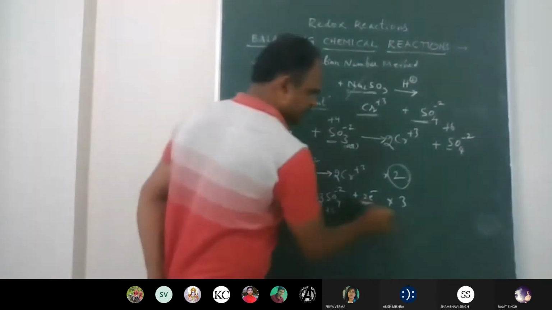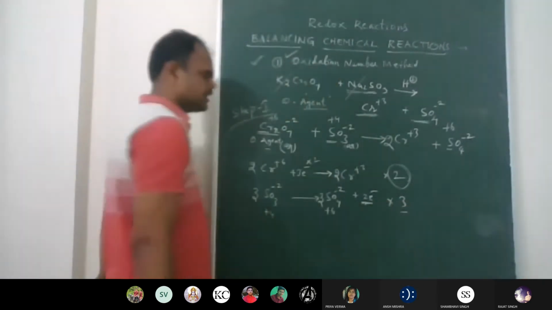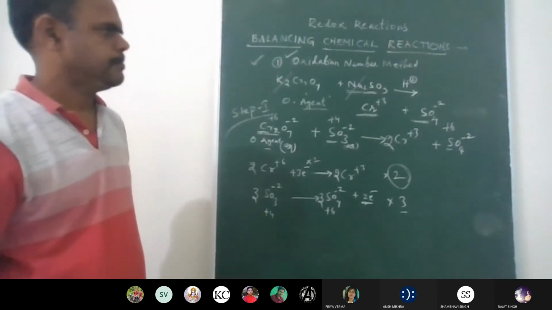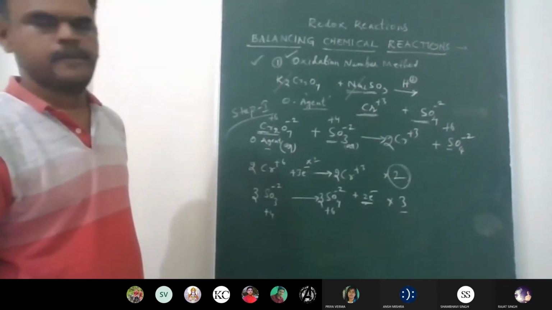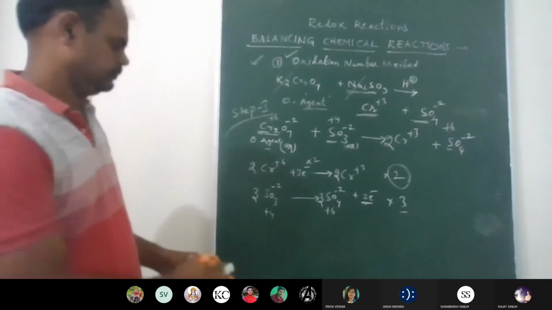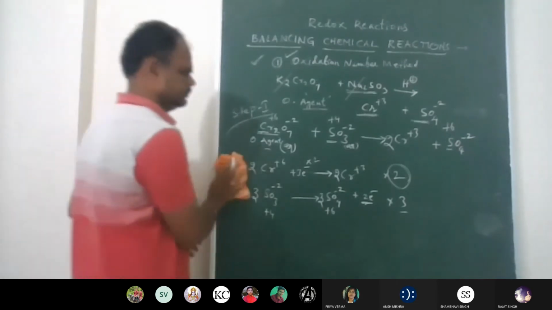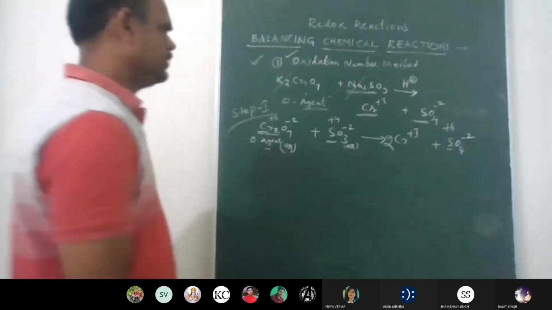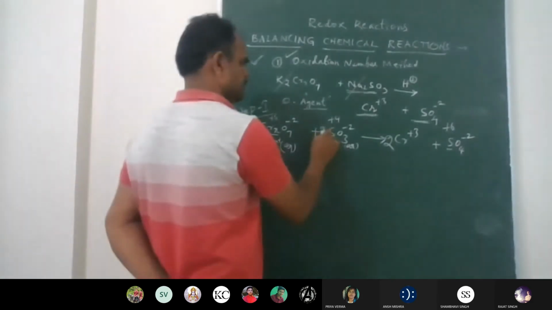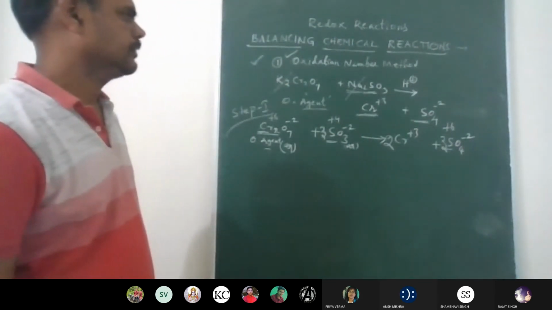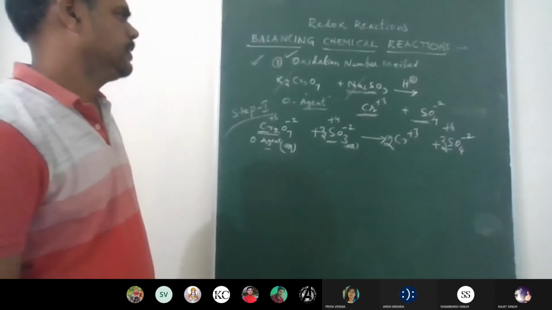So this 2 into 3, 6 means 6 will come, no? Right? Clear everyone now? Yes, sir.